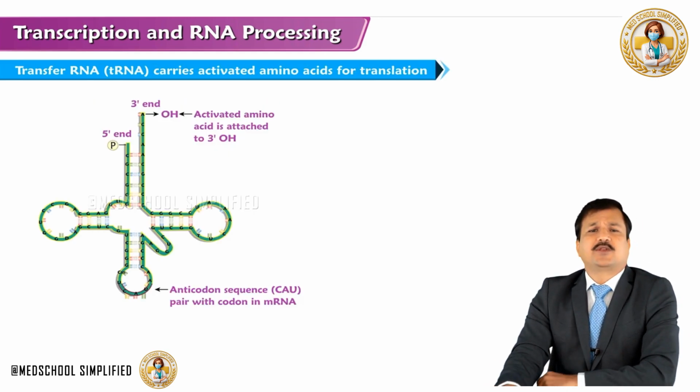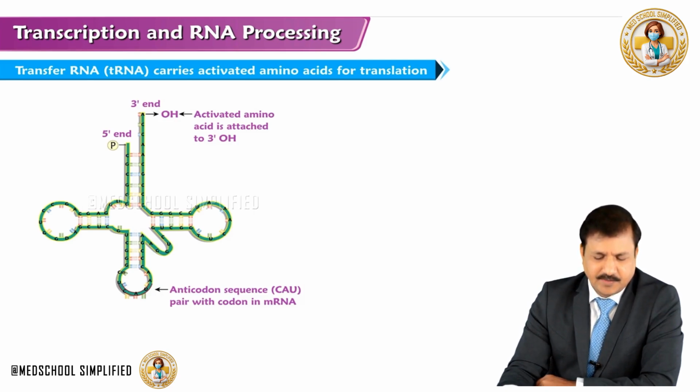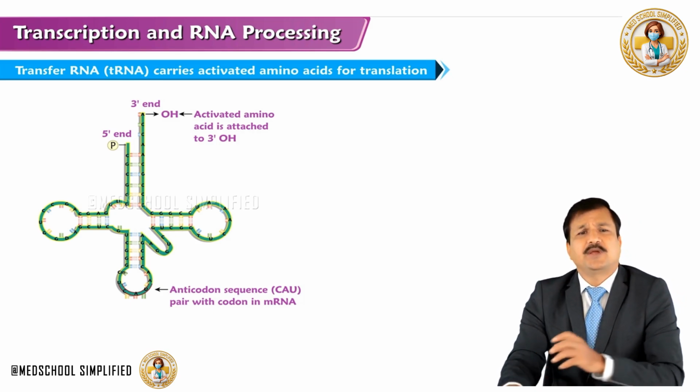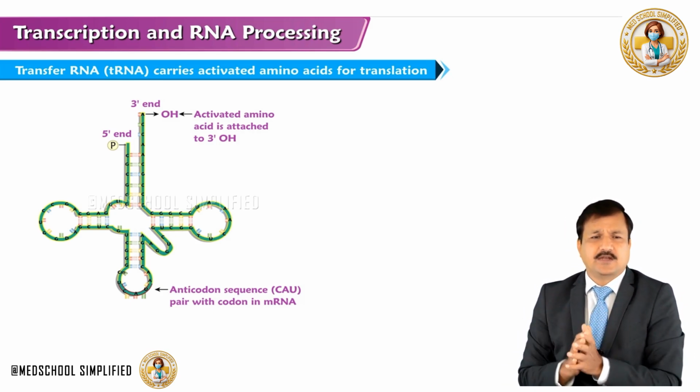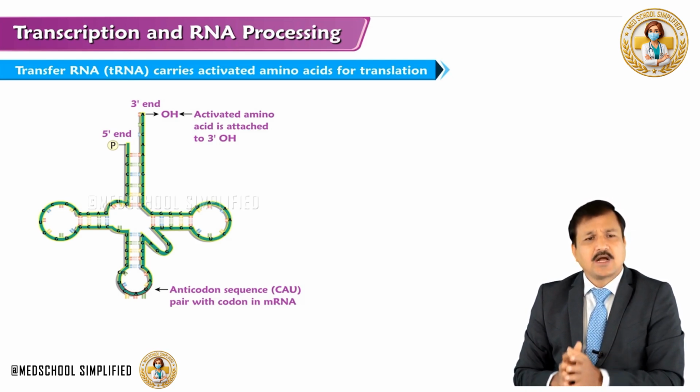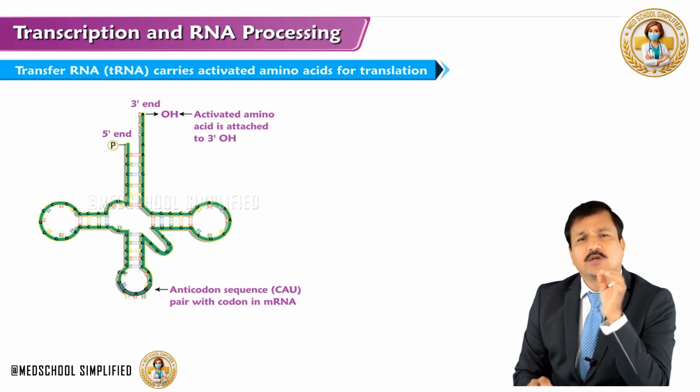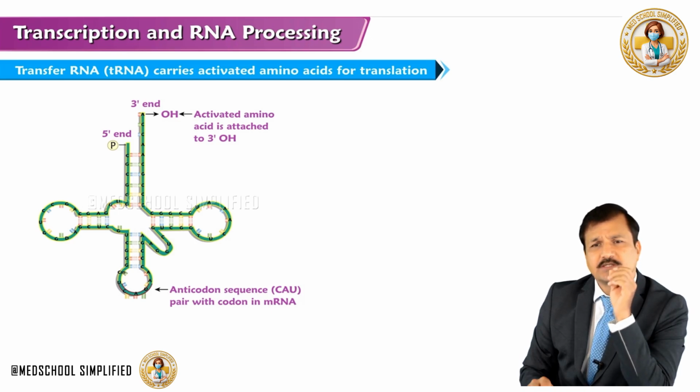Now let me explain transfer RNA. This transfer RNA carries activated amino acids for the translation process. There are many different specific tRNAs, and each tRNA carries only one type of activated amino acid for making proteins during translation.